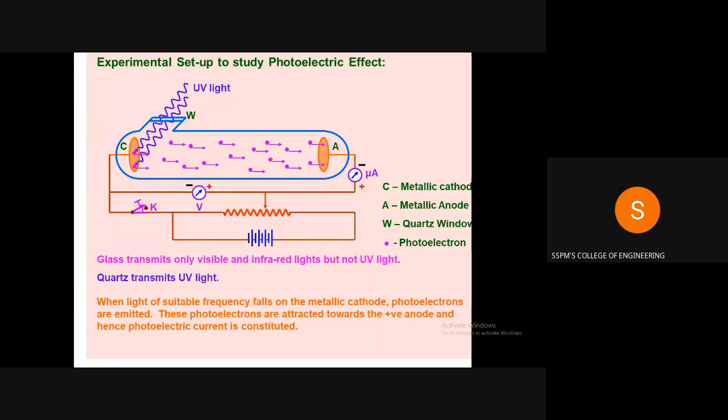It consists of a discharge tube with some electronic accessories provided, like the power supply voltage.